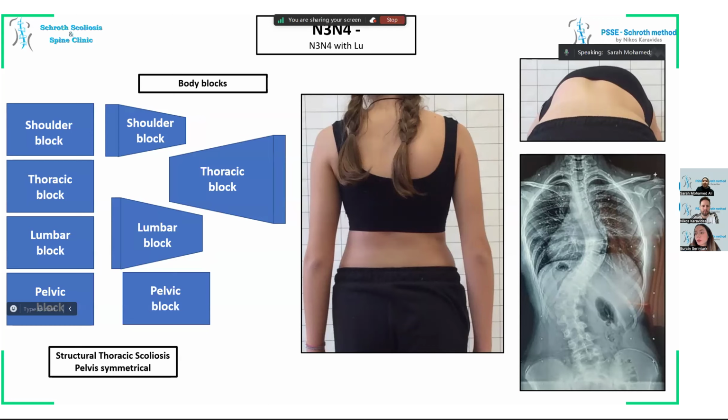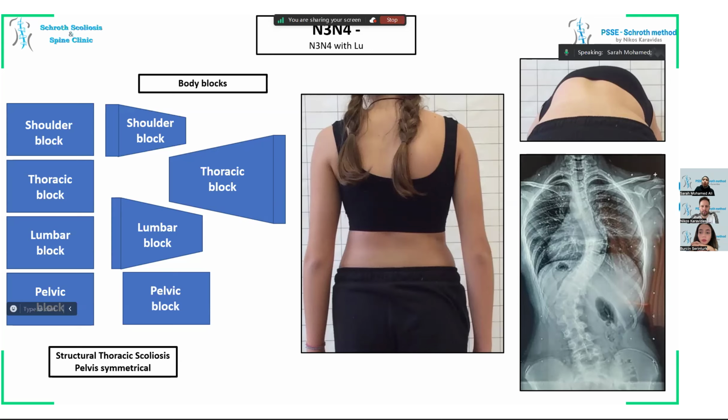So having a significant curve, though the patient looks really balanced, it means that sometimes we don't only depend on the clinical pictures. We need to combine all of the assessment criteria in order to reach the correct classification type.